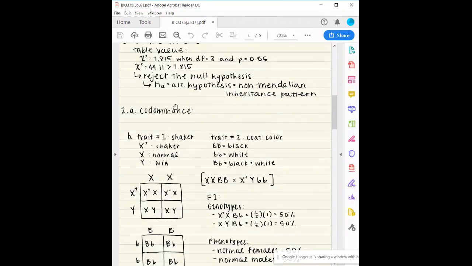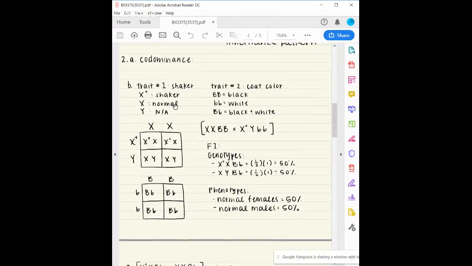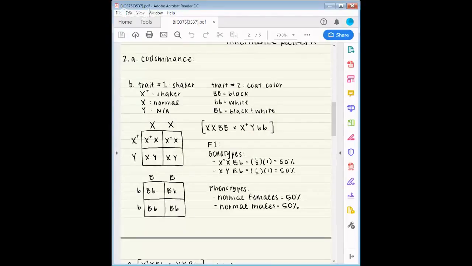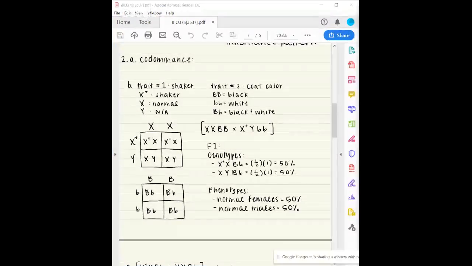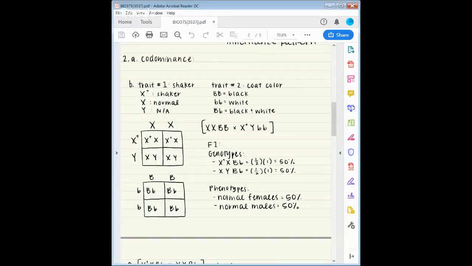Awesome. And then for number 2, let me pull up the problems so I can read them at the same time. For number 2, we were looking at the mice with the trait where they had head tremors from the Shaker gene, and then coat pigmentation.